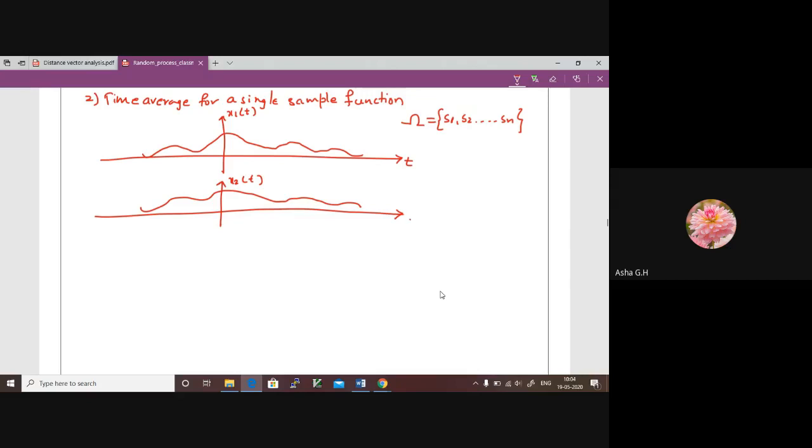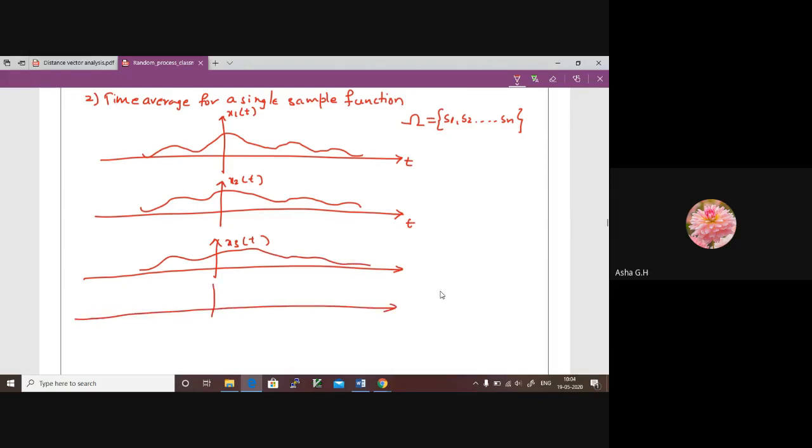Okay, again this is varying with respect to time. Now like this, if I take some 3 or 4 examples, x3 of t is one thing. Assume that it varies something like this. Again, if I take x4 of t, it varies something like this.